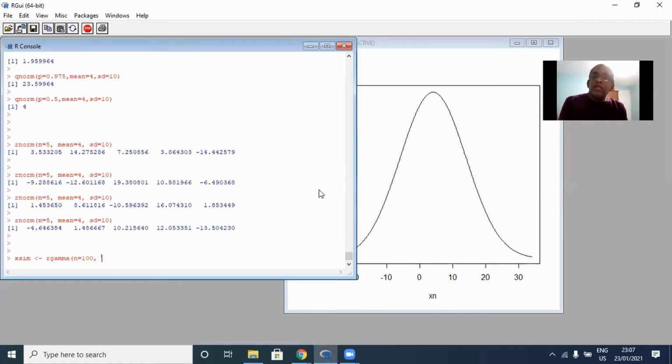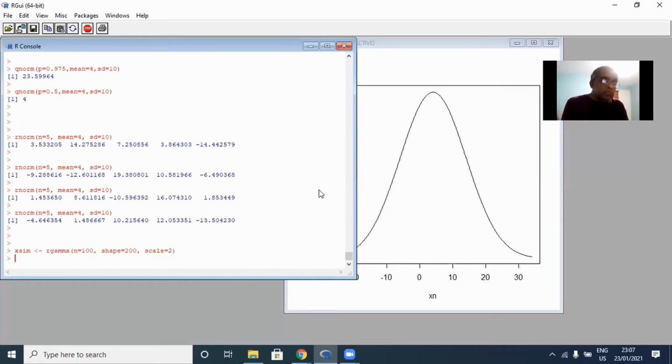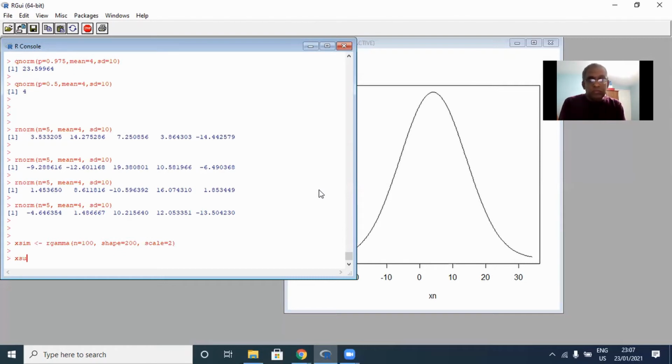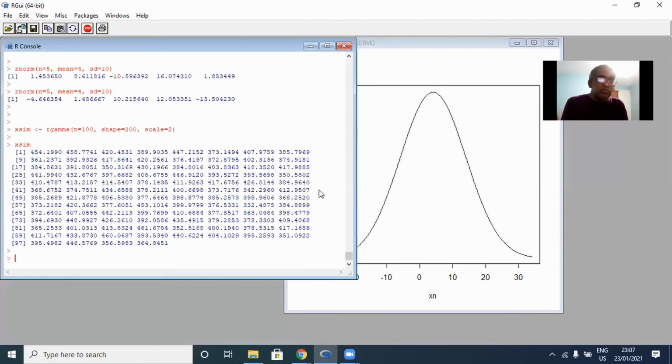You may recall that the gamma distribution, which you might have learned in your probability 1 course, has 2 parameters, shape and scale. So let's take the shape parameter to be 200 and scale parameter to be equal to 2. The data that you have simulated is this one.